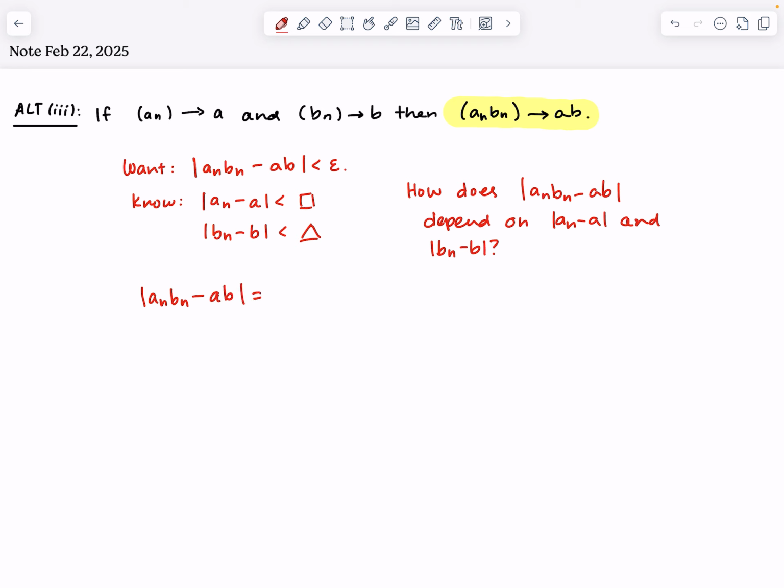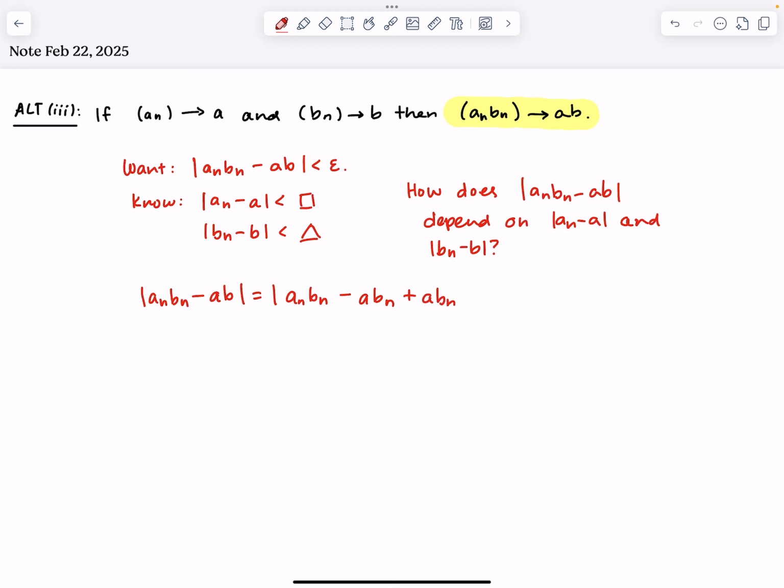I just said that I really would like to have the same number multiplied against AN as the one multiplied against A, for example. And so I'm going to say, well, I've got AN times BN. What I don't have is A times BN. So I'm going to add that back in after I've subtracted it, and now I'm going to add it.